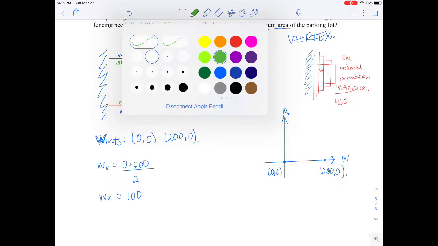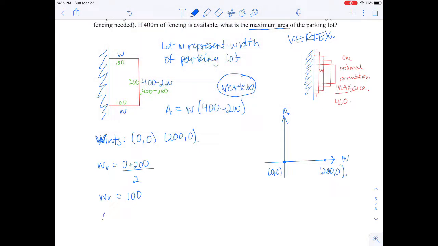So I can figure out that my length, because this is length, is going to be 200. Basically, my maximum area happens when the width is 100, which means that my length is 200.